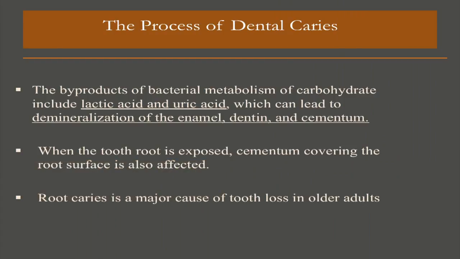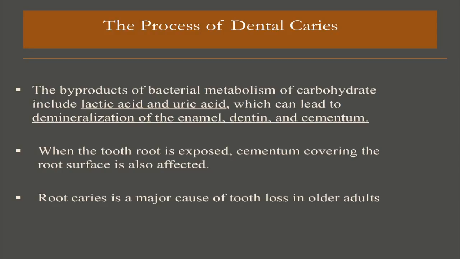The process of dental caries develops by the byproducts of bacterial metabolism of carbohydrates, including lactic acid and uric acid, which can lead to demineralization of enamel, dentin, and cementum.